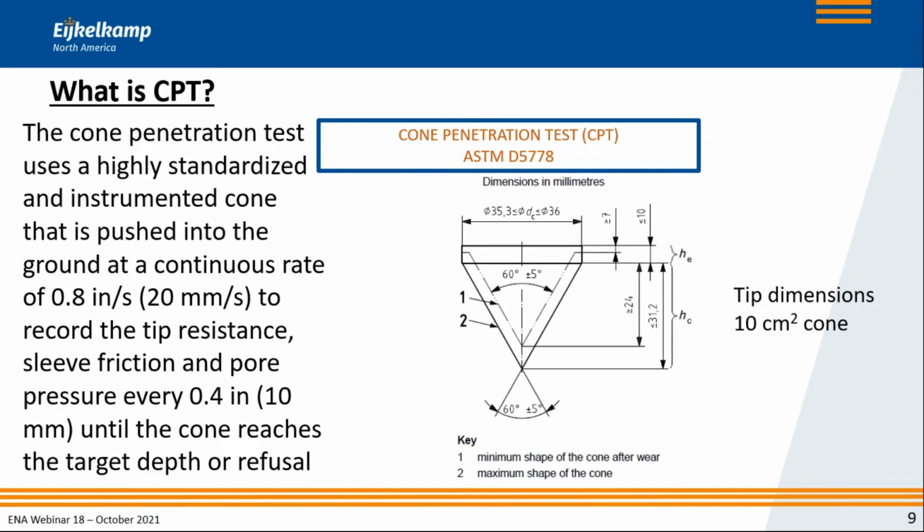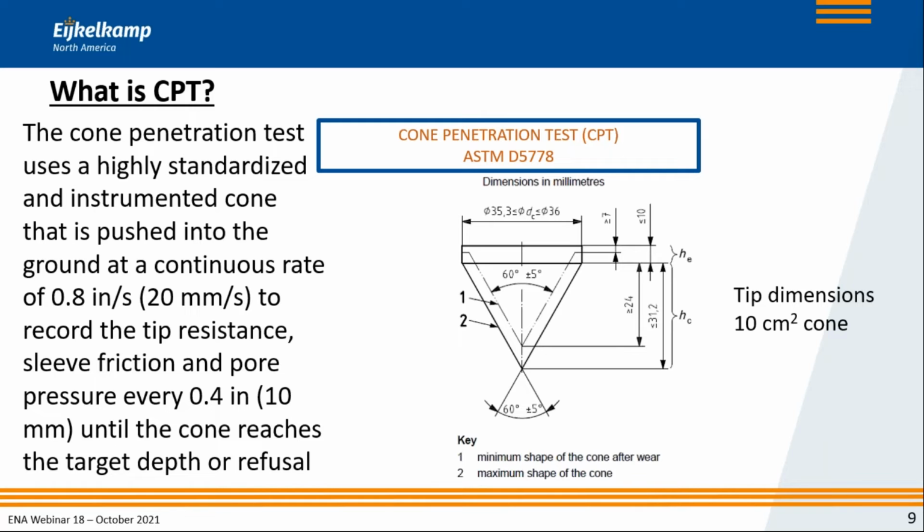And you see here one example from the ASTM standard, but the dimensions are exactly the same in the ISO standard, where we talk about the tip and indicate very specifically what the tip diameter is and what the height of the tip is. Everything is very well prescribed.